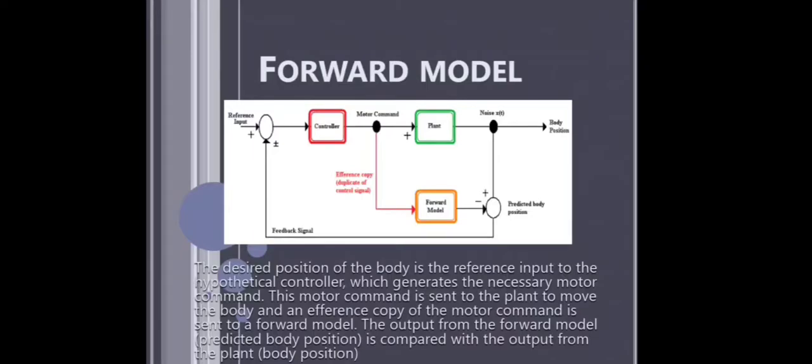So kaninang mga output sa duha, which is kani si plant o si forward modal, is ma-compare. And after that, kani si forward modal, maghatag ni siya og predicted body position, which is kaning feedback na inyong makita. Padung na siya, pabalik na siya sa desired body position. Padung na diri sa body position nga gusto makuha or katong gusto ma-achieve.